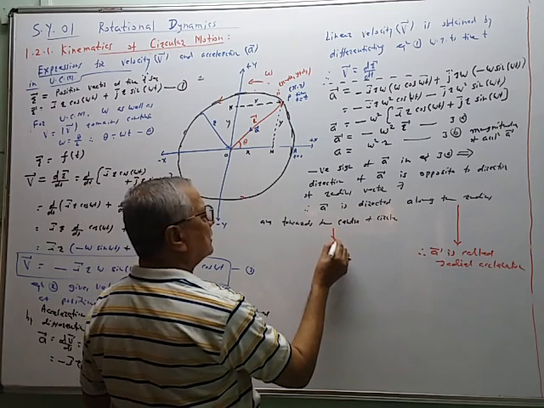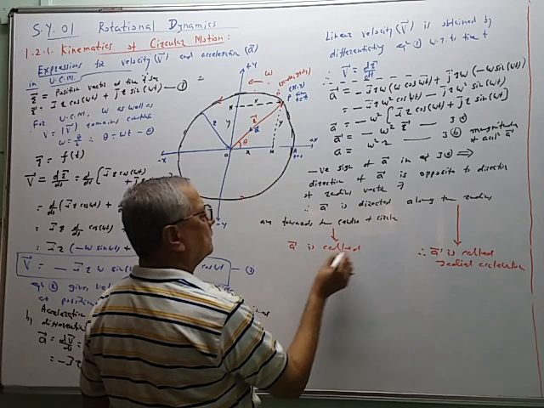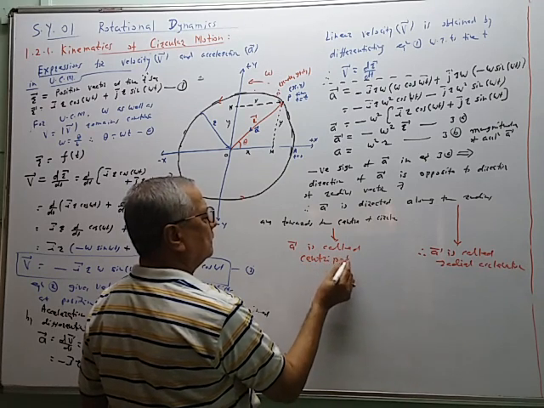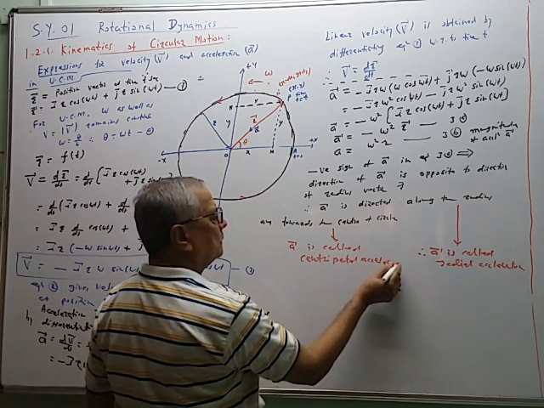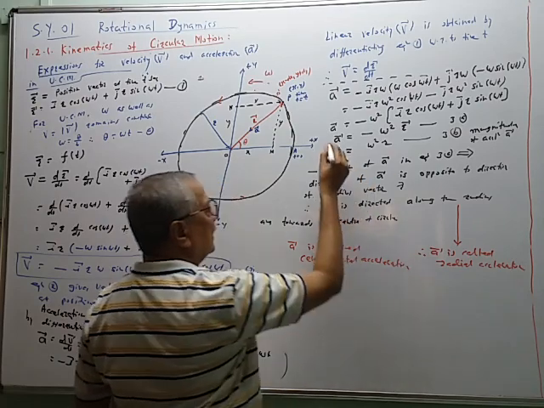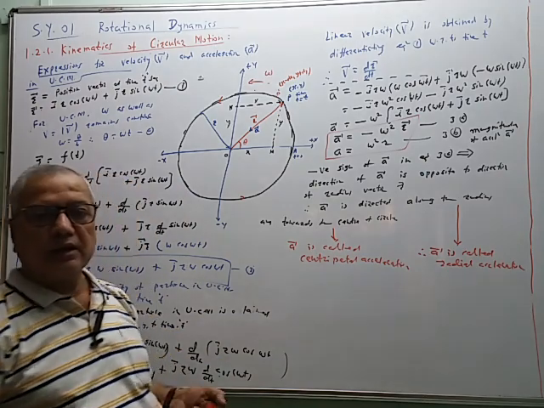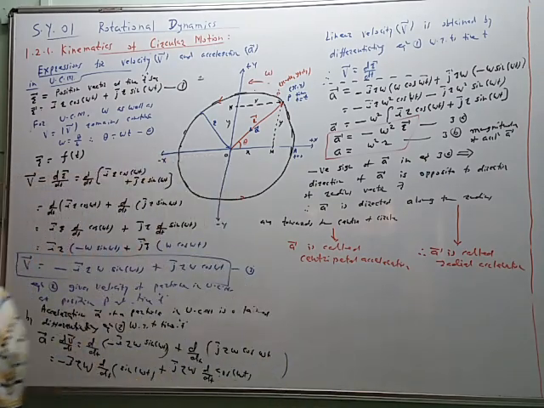And it is towards the center, therefore A is called centripetal acceleration. So this A has two names. It is radial acceleration, or it is also called tangential acceleration.